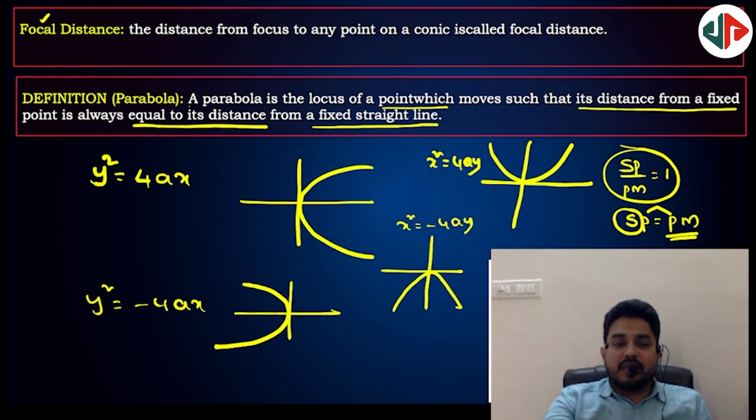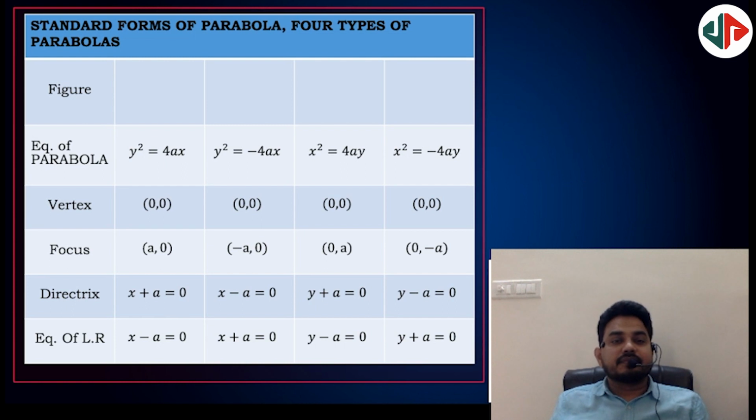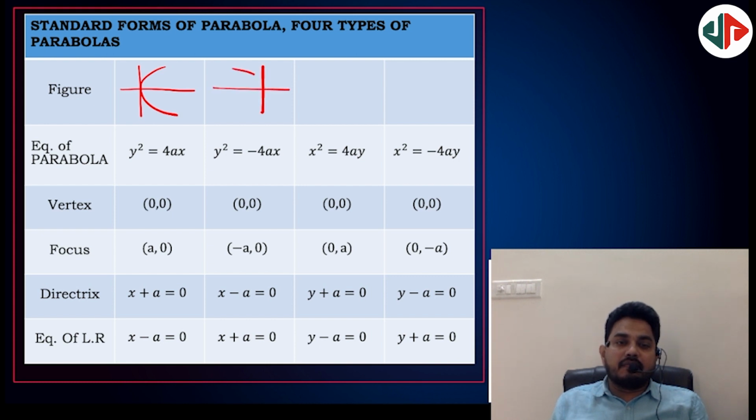Of those, let us look here. y square is equal to 4x. The figure is missing in this one, so let me draw. This is the vertex, x-axis and y-axis, because the vertex is 0, 0.